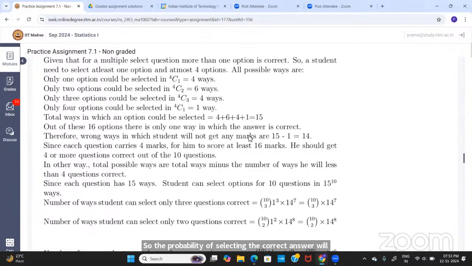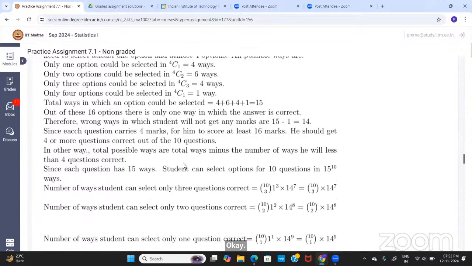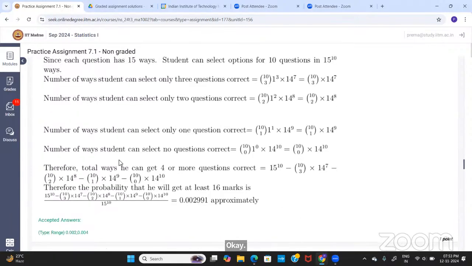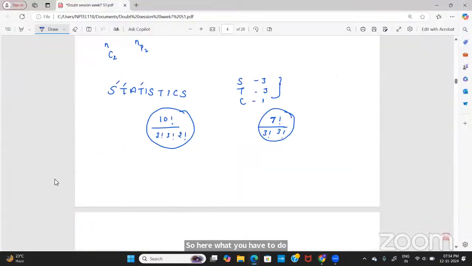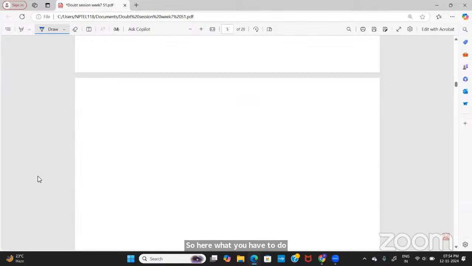So here what you have to do, it is just 1 minus. So we have to find the probability that one question is correct, then the probability that 2 questions are correct, then the probability that 3 questions are correct.